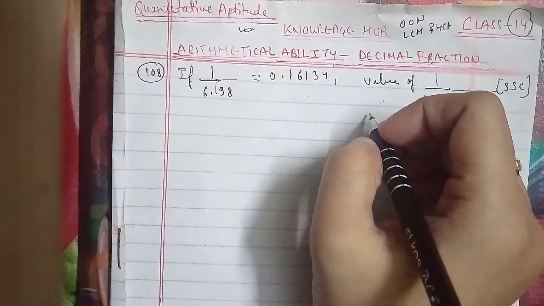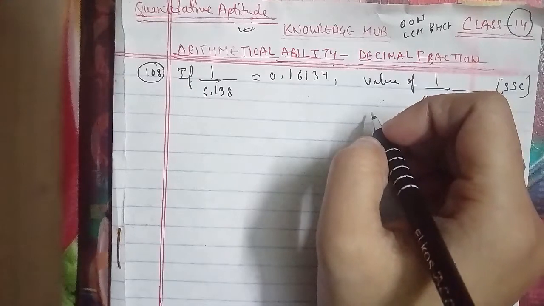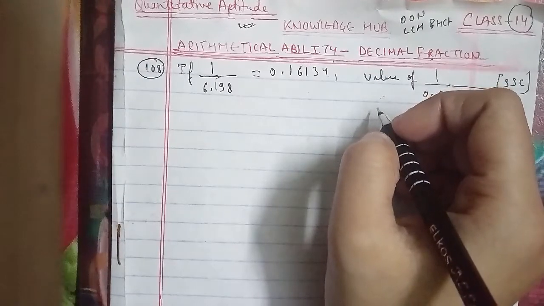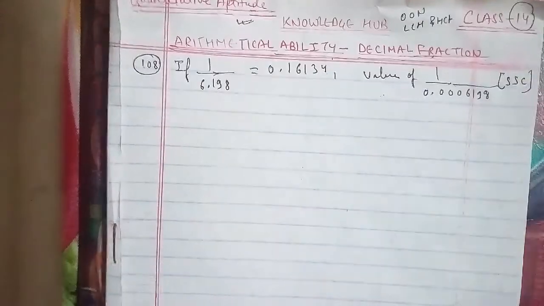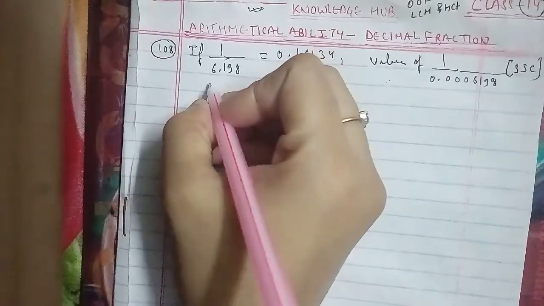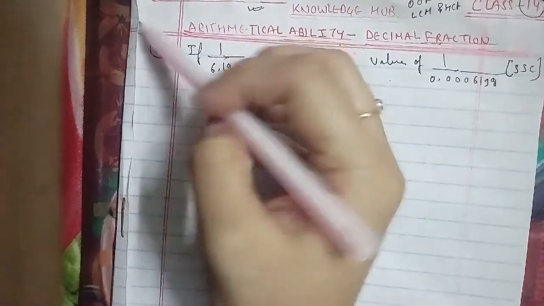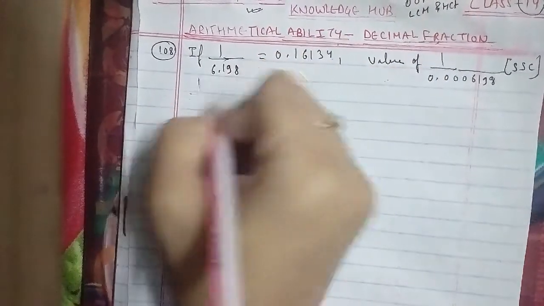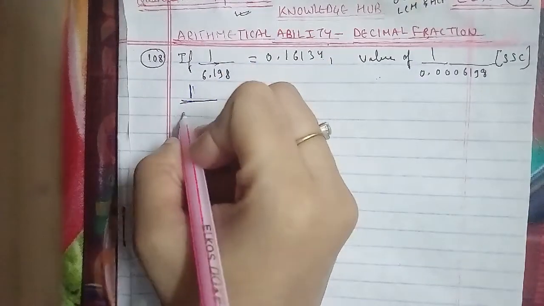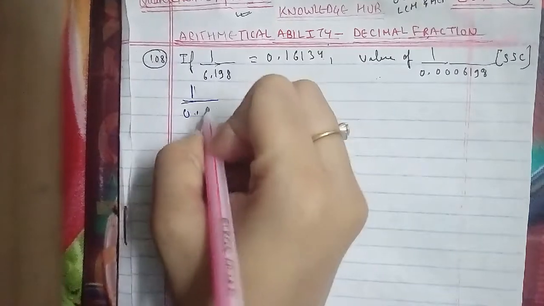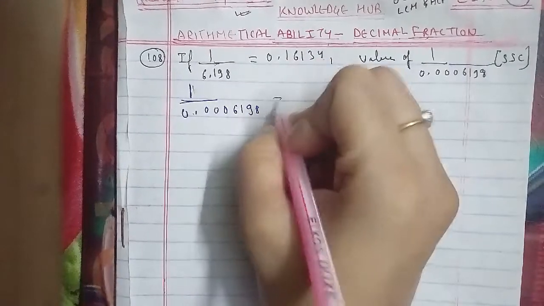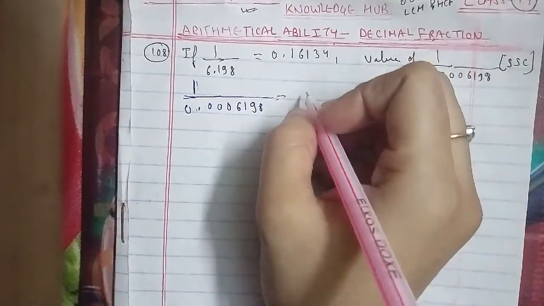So let's go ahead with the solution. We have 1 upon 0.0006198, and we have to find its value.